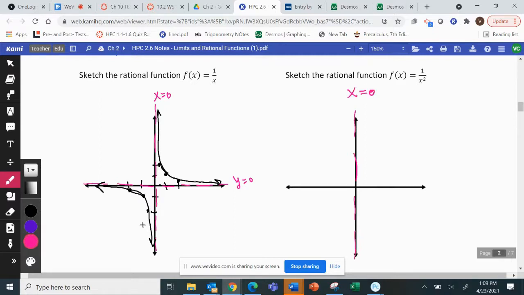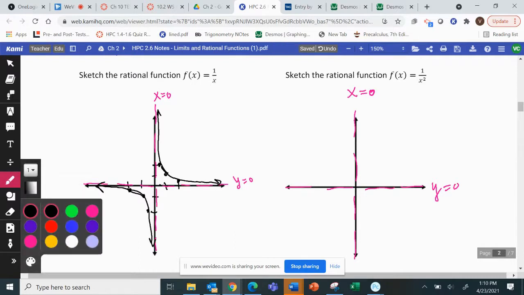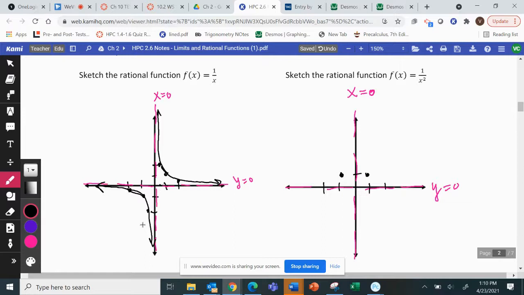And there's no x value that I would plug in that I could get y equals 0. That could not possibly happen. So y equals 0 is still an asymptote. If I plug in 1, I get out 1. If I plug in -1, I get out 1. If I plug in 2, I get out a 4th.